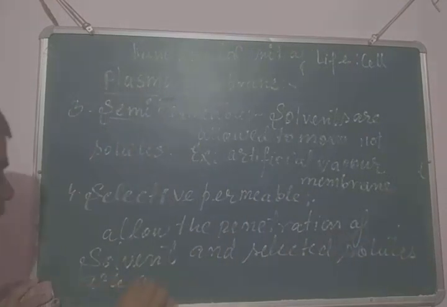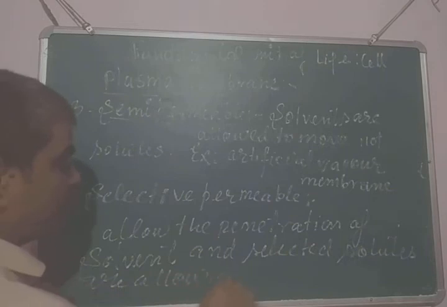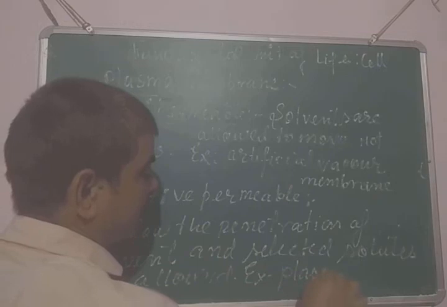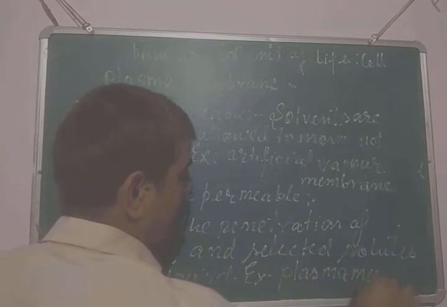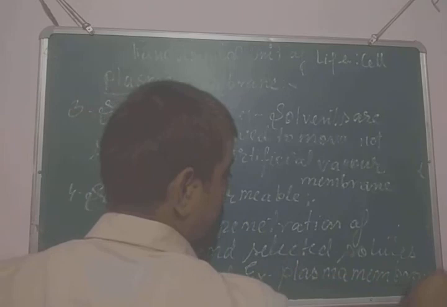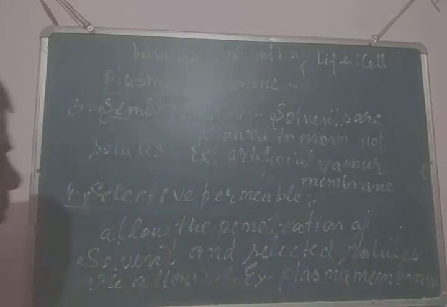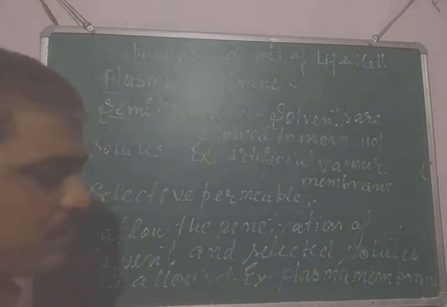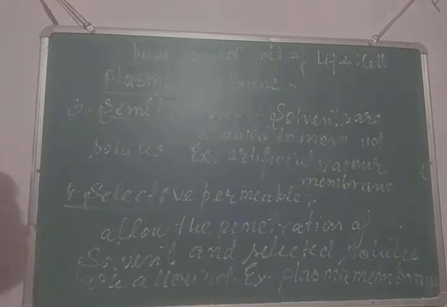You can take the example of the plasma membrane. So the plasma membrane comes under the category of selectively permeable, which allows the solvent and selected molecules of solutes to move across. This is necessary in order to supply the materials required for the functioning of the cell organelles.